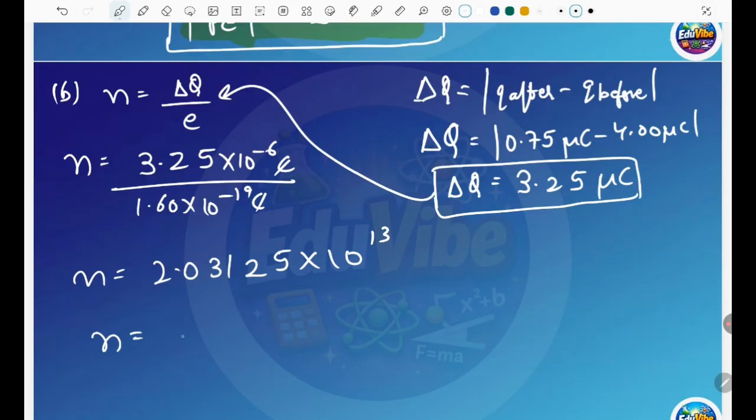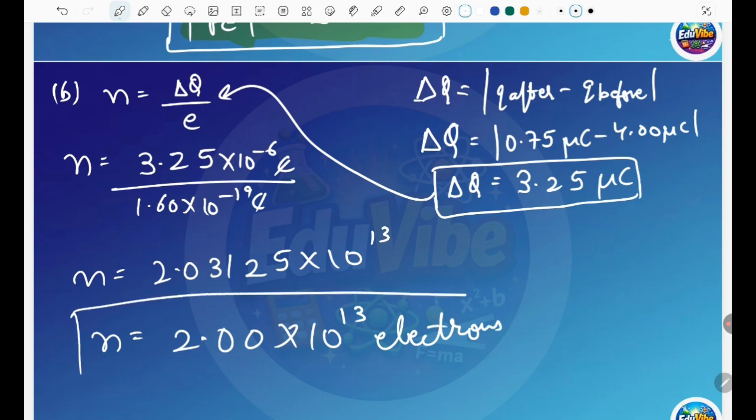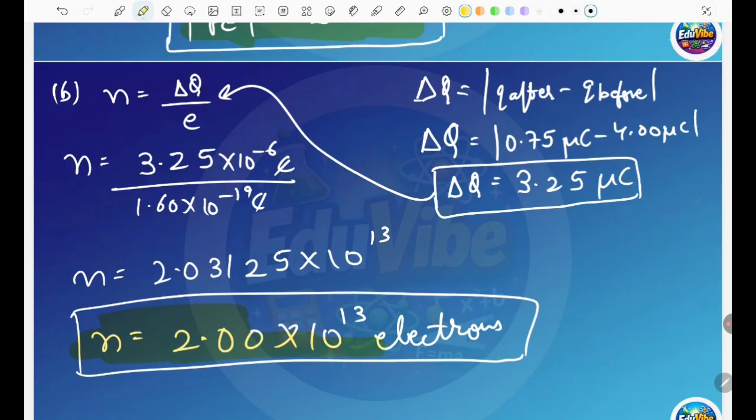But you want 3 significant figures, so 2.00 times 10 to the power 13 electrons. So this is the number of electrons which will transfer between the two point charges.